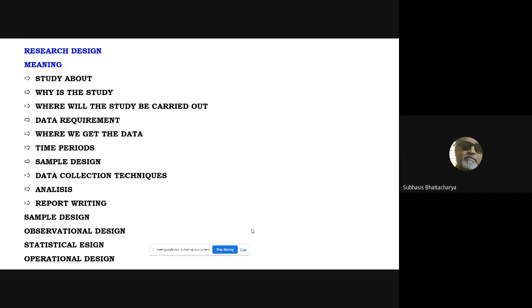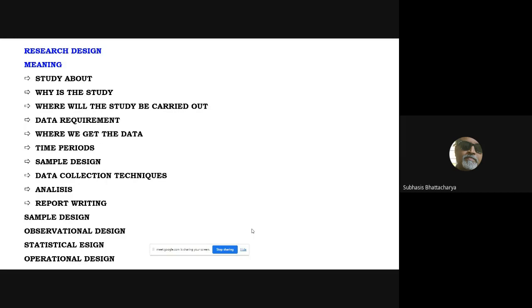And the operational design deals with the techniques by which the procedures specified in sampling and statistical designing are carried out. So from what has been stated in this slide, we can summarize in three sentences.